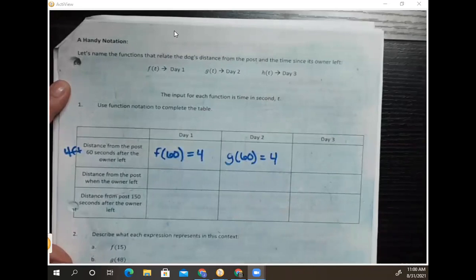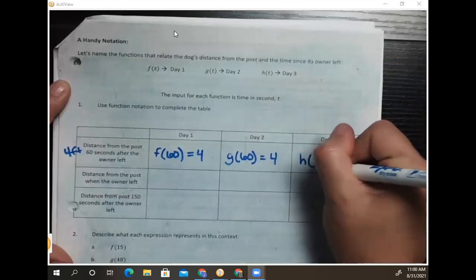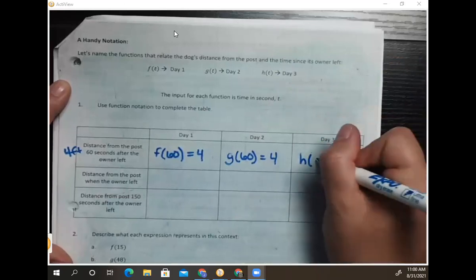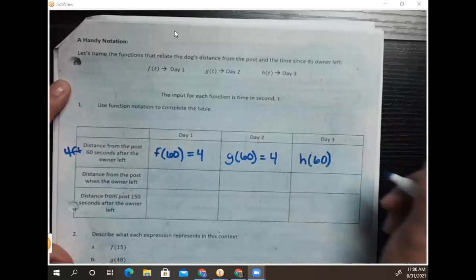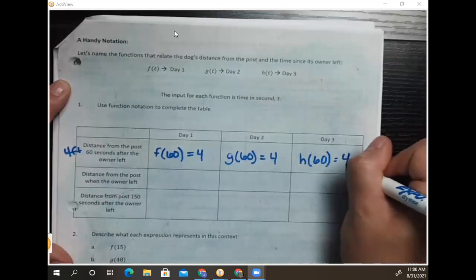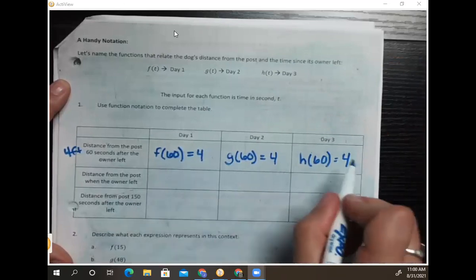And then for day 3, I want to use h. H describes day 3. We're still talking about 60 seconds after the owner left. So h of 60. And that distance was again 4, so I'm going to write equals 4. So the stuff we had in sentences on the last page, we've written in function notation here.